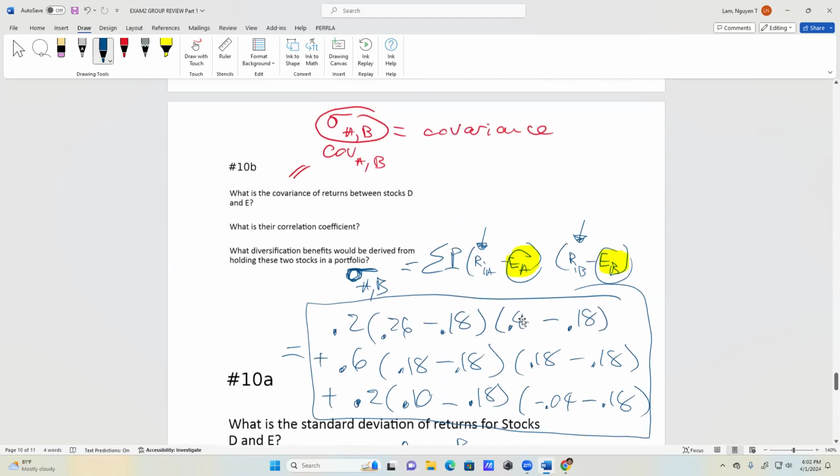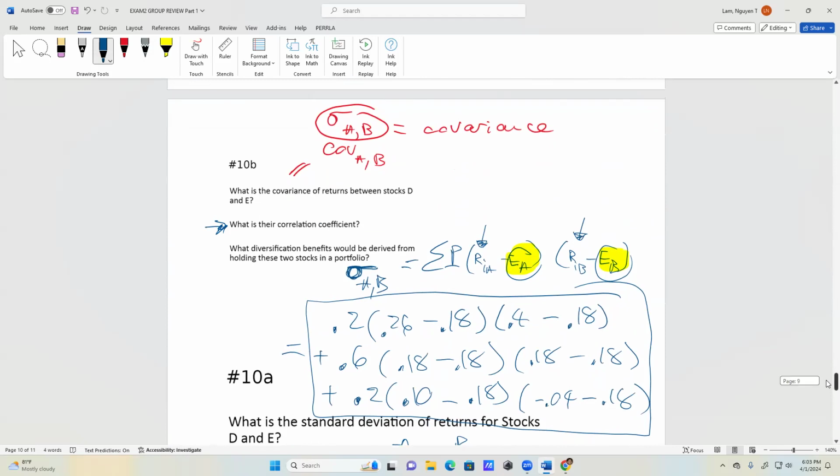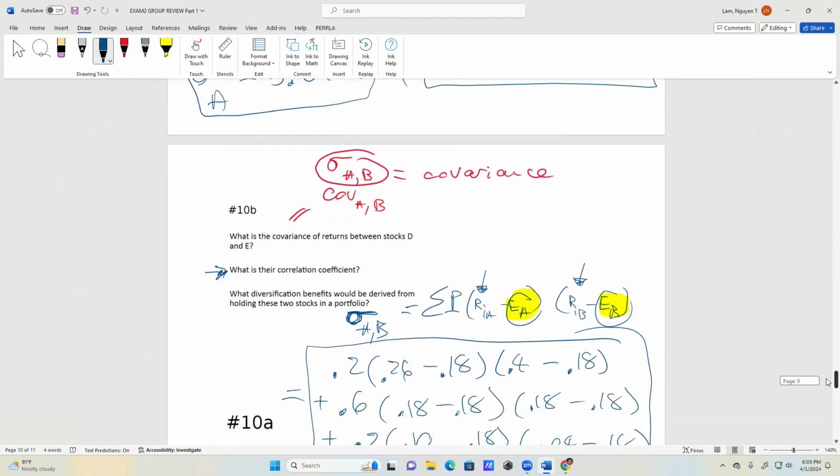All right, what else? What is their correlation coefficient? This is the next question. What is their correlation coefficient? Let's see. Correlation coefficient. Don't panic. You have to remember where it is on the equation sheet.